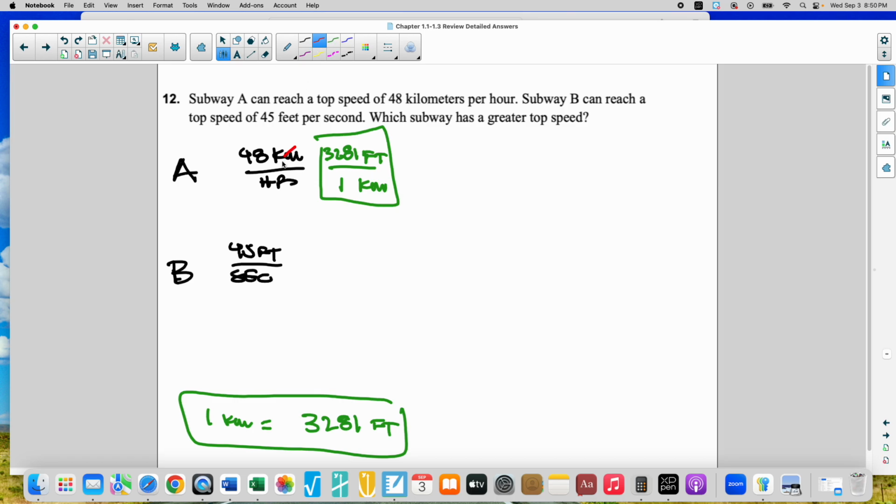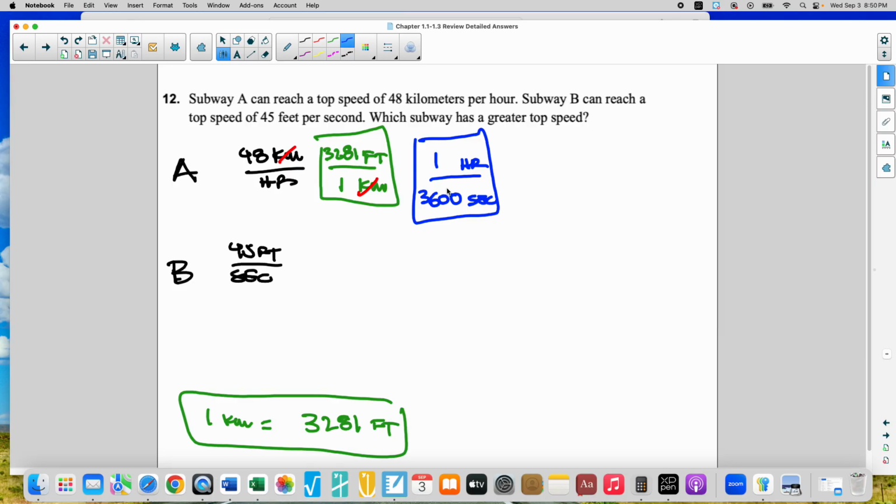We are out of kilometers into feet. And now we need to go hours. Hours in the denominator. We got to go in the numerator. And then seconds. I don't know if anybody knows 1 hour is actually equal to 3,600 seconds. Some of you should know that.